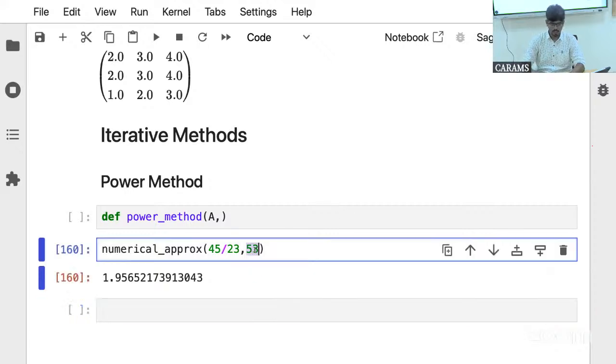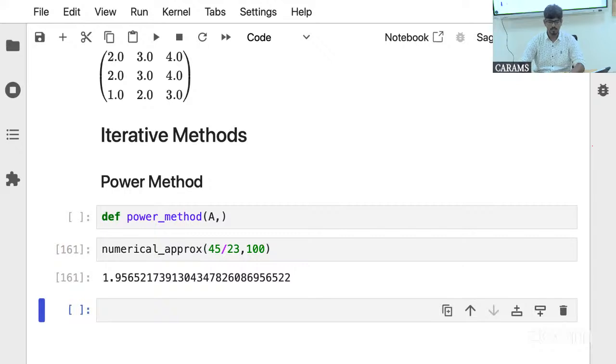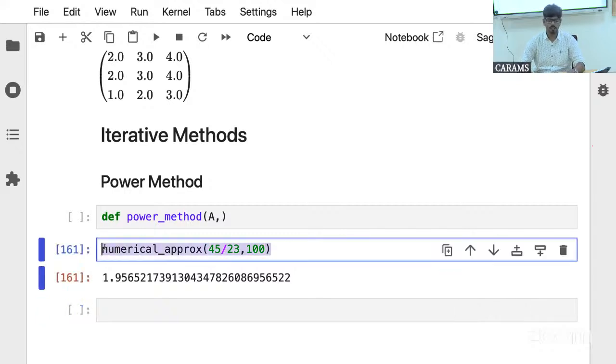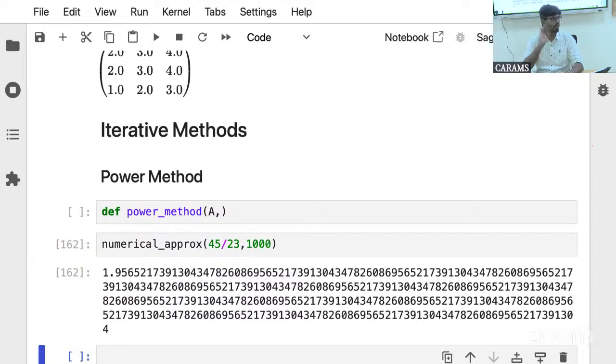Now you can also have 100 bits like this. This way you can numerically approximate those numbers with respect to that many bits of positions. So in Sage Math, they round it off with respect to the bits. You can have pretty long precision like this, 1000 bits of precision.